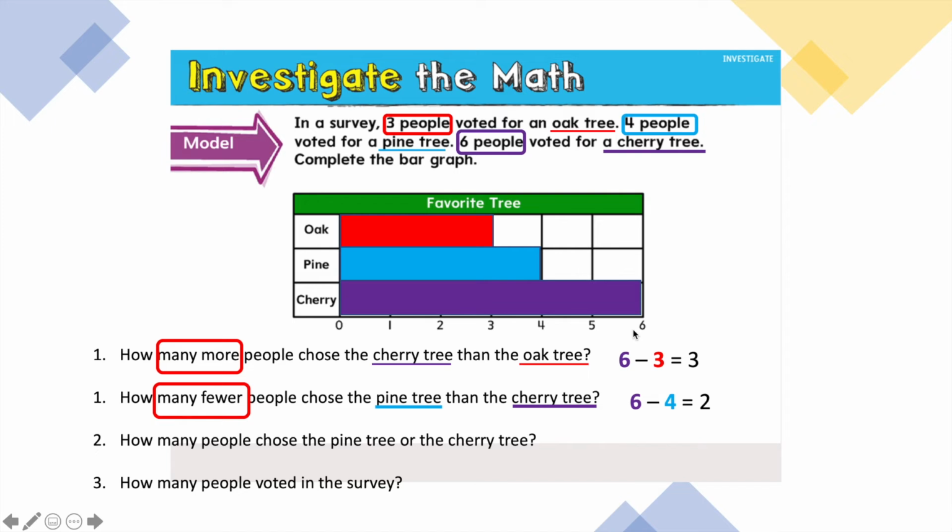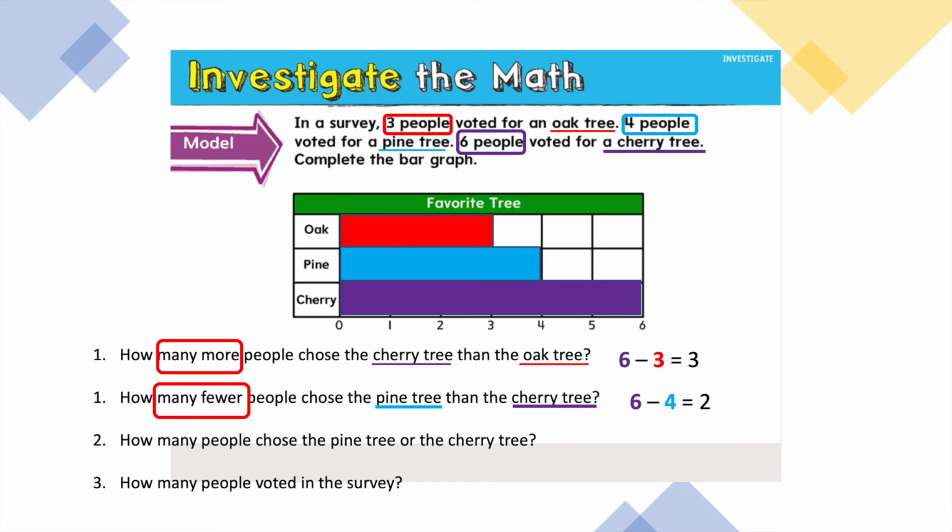So I would say 6 take away 4 that the pine tree has equals 2. So how many fewer people chose the pine tree than the cherry tree? 2 people. Very good. Next question.